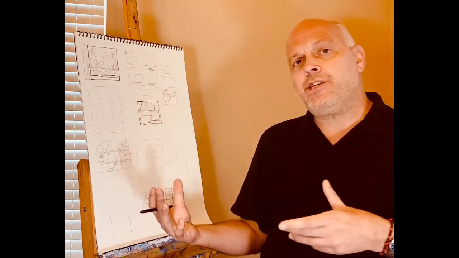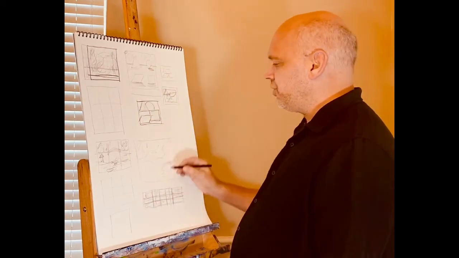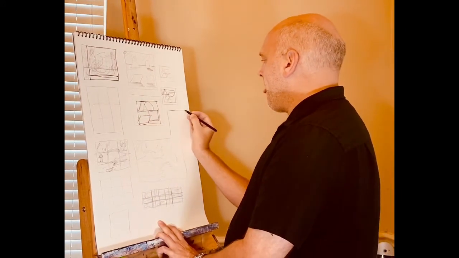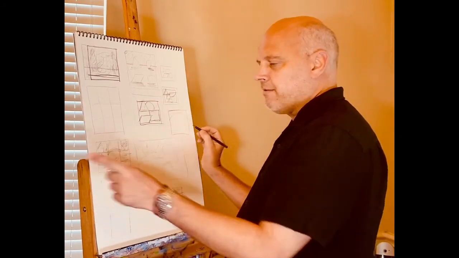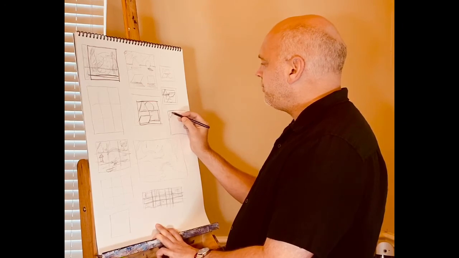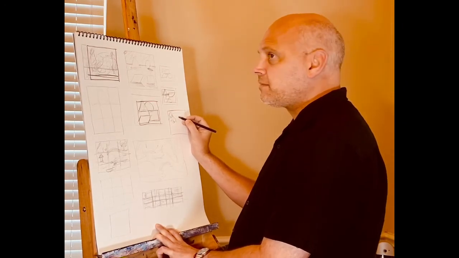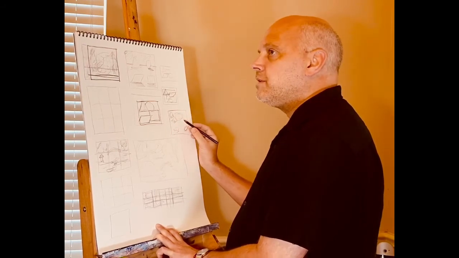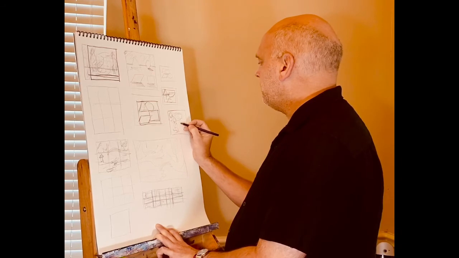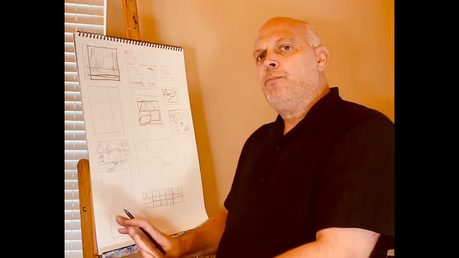Think about changing the direction. If I'm drawing these objects on a shelf, how would they change if I set them down on a round? We have a round table over here. What if I change that perspective and drew them looking down? What else is up there? There's a little tree. So that's another thing. Think about changing your viewpoint.